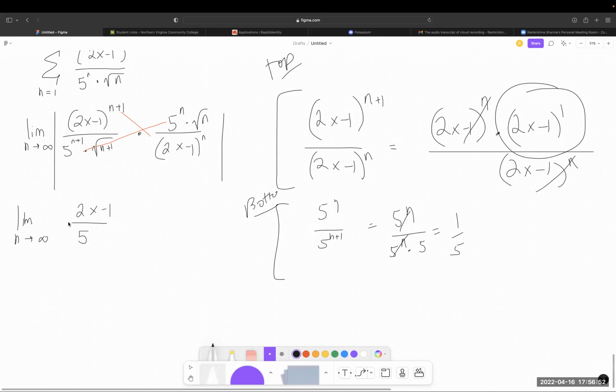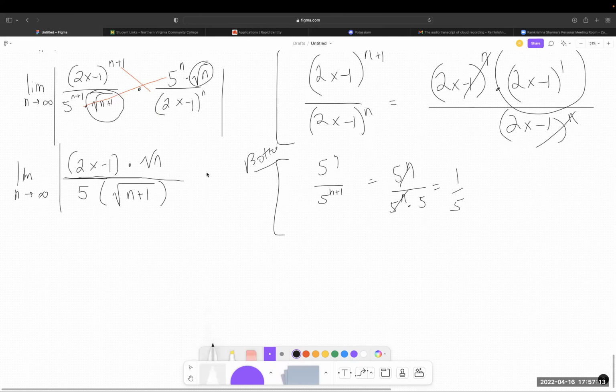And it seems like we have this here, right? We didn't do anything with these. Okay, so we'll multiply by root n plus 1 over root n. This is absolute value.